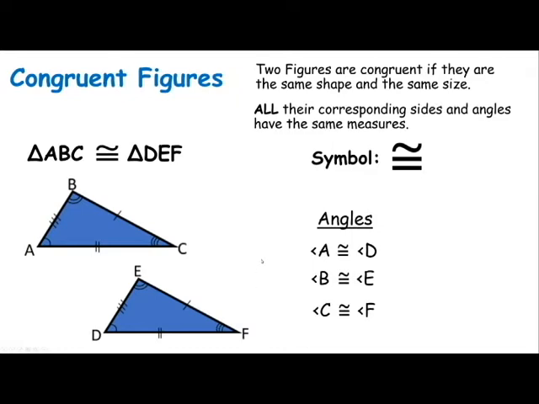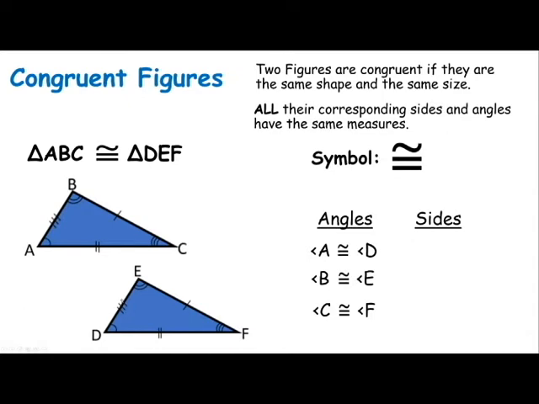I can do the same type of matching with the sides. Notice that side AB is the first two letters in the triangle name. It's going to match to side DE in the other triangle. Notice that AB is here. It has 1, 2, 3 congruence marks in it. I come down here to DE.